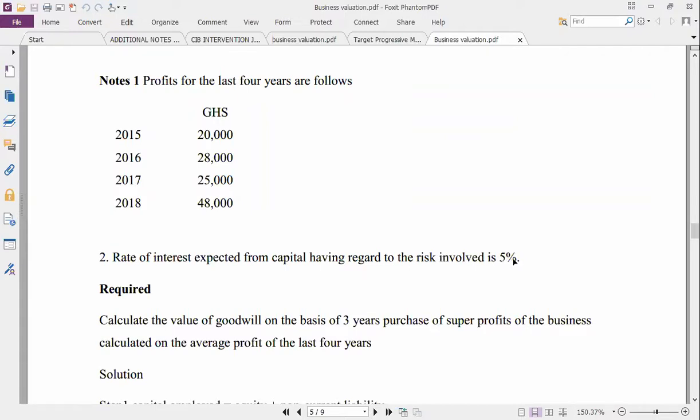So if your return is 5% on every capital that you have employed, what will be the monetary value of that profit or that return?